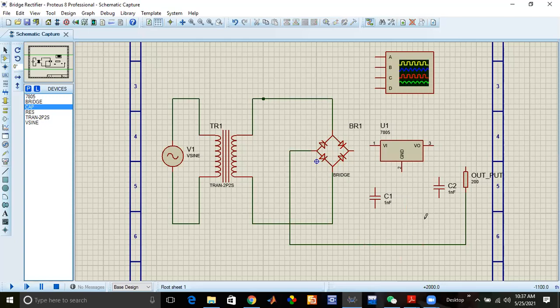You may see here, this is the input capacitor, this is output capacitor, this is the regulator.